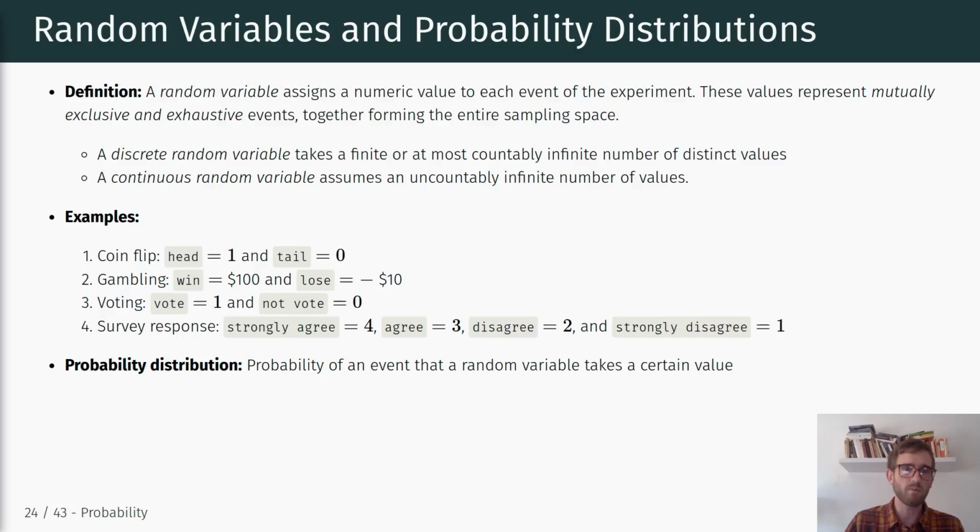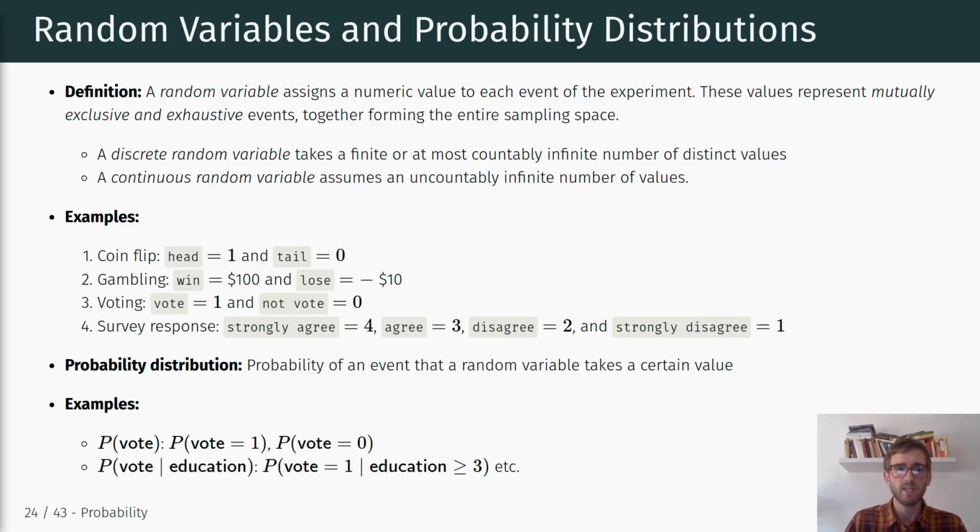So what is then a probability distribution? The probability distribution describes the probability of an event that a random variable takes a certain value, right? So it's basically the distribution over the possible values that this random variable can take, right? So for example, the probability to vote is basically composed of two probabilities: the probability of vote being equal to 1 and the probability of vote being equal to 0.